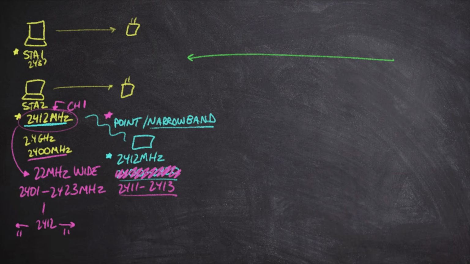What we have is our range of frequencies here, and I've got, let's just say right here, 2412. So this is my frequency. We know that we've got a source of interference. That source of interference happens to be right around 2412, so it's 2411 to 2413. However, now I am broadcasting from 2401 here to 2423 over on the right, and so I'm actually sending out my signals like this.